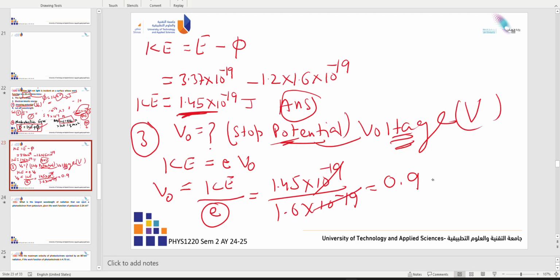So the value of the stopping potential will be 0.9 volt. This is the answer for part three.